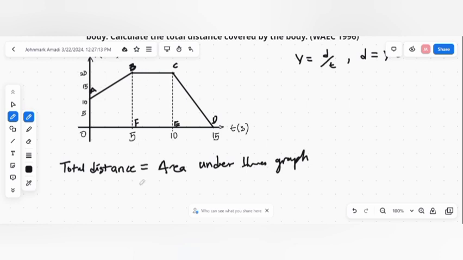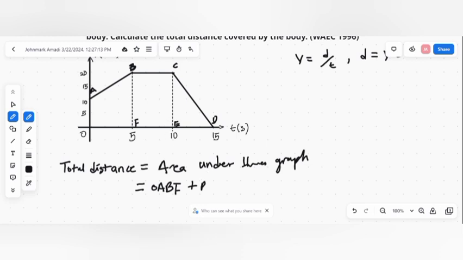OABF. So the distance now equals the area of what? Area of the trapezium OABF, plus the next area here. The next area looks like a square. The next area here is BCEF.